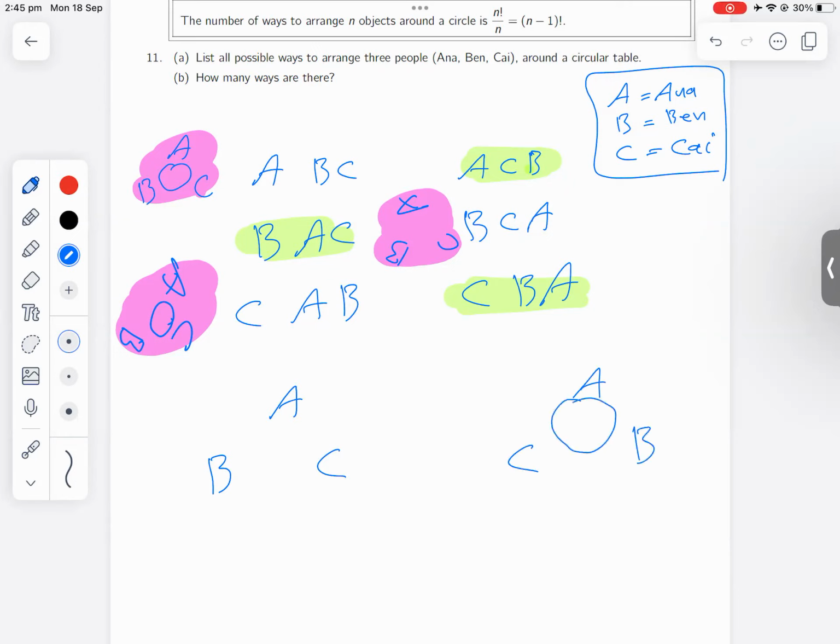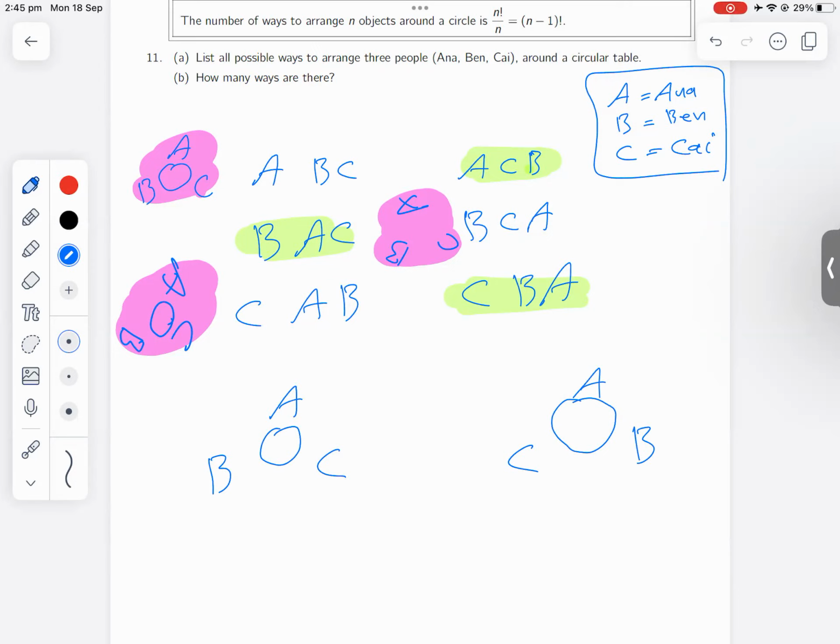And we really just have two different combinations. So two different ways that they can sit around the circle.